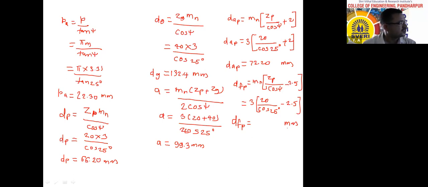मुश्केश काय आन्सर? काय 20 भागिले cos 25 करायचा minus 2.5 करायचं शेवटी multiply by 3 करायचा. नाही आपल्याला पिनियनच फाइंड आउट करायचं addendum dedendum.